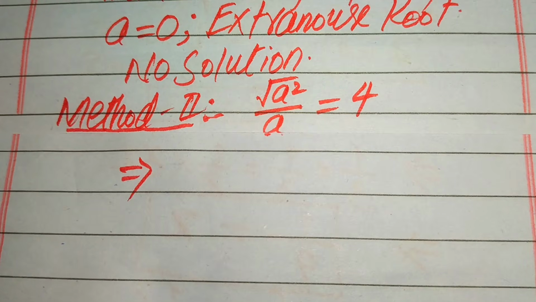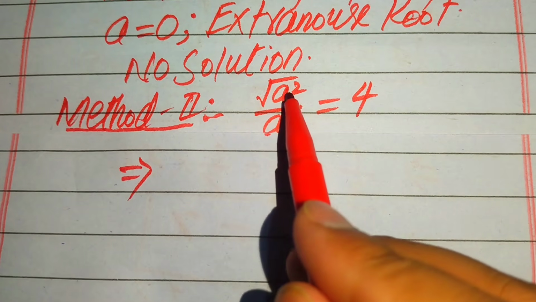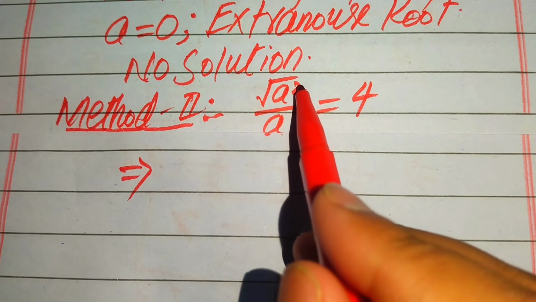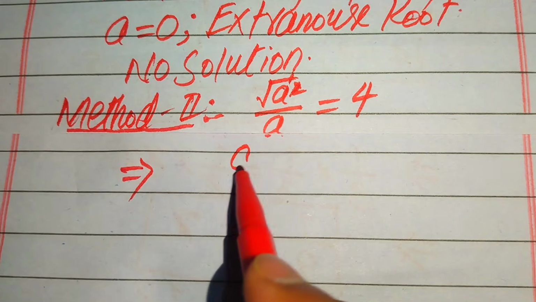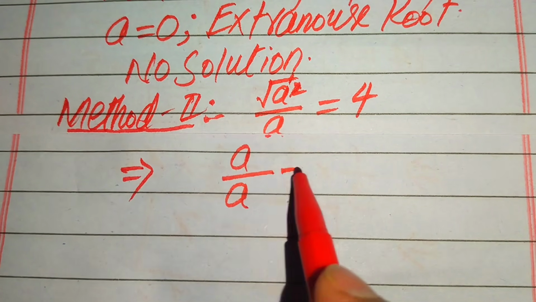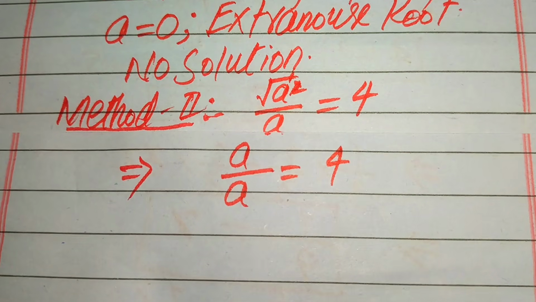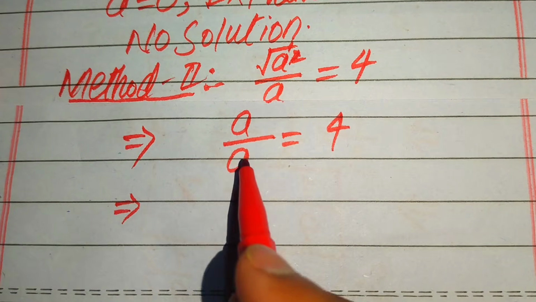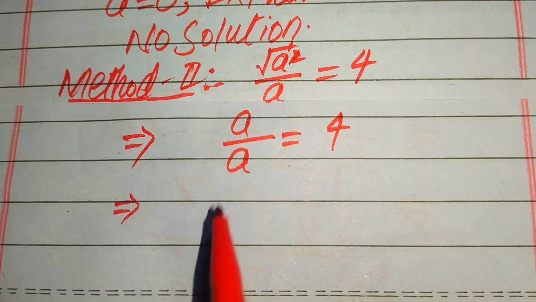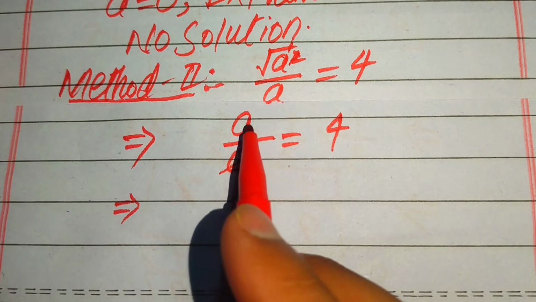In this method we just directly cancel the square and the square root sign, and you see that the square and square root cancel each other, and we get a divided by a is equal to 4. Further, in the next step, we again cancel these two terms because they are the same variable terms.